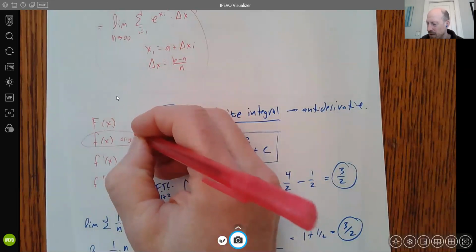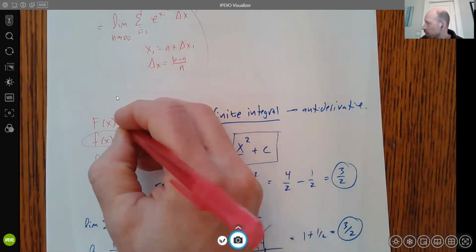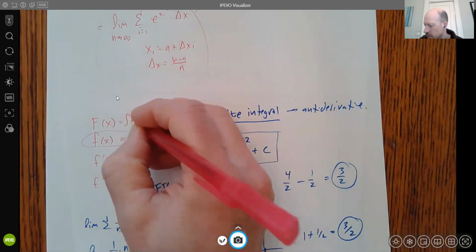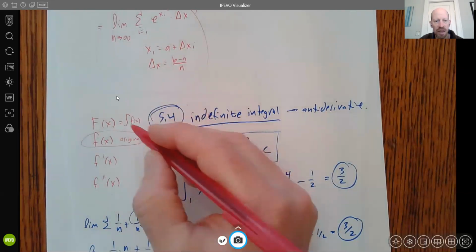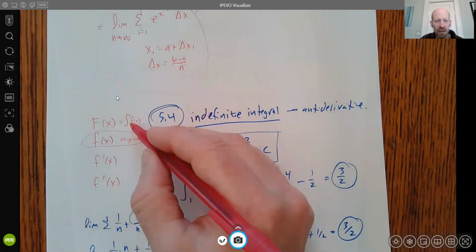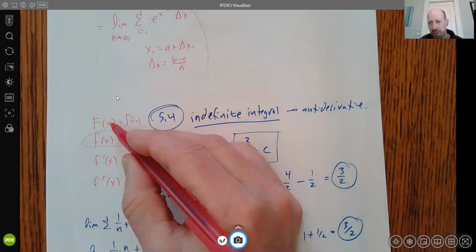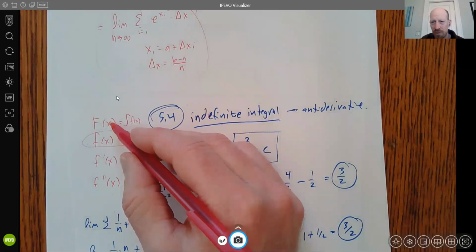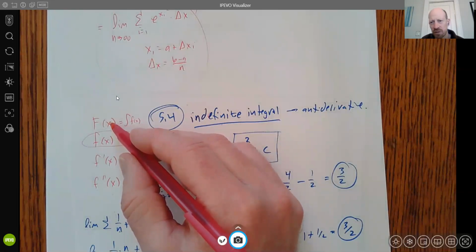So if I find the antiderivative here, the antiderivative of little f is going to equal capital F. That's the notation that we commonly use for an antiderivative, capital letters for the functions.